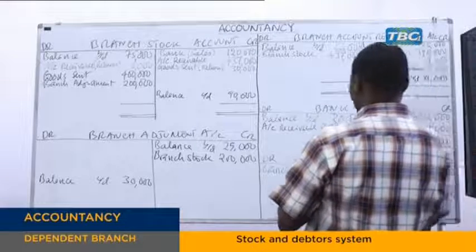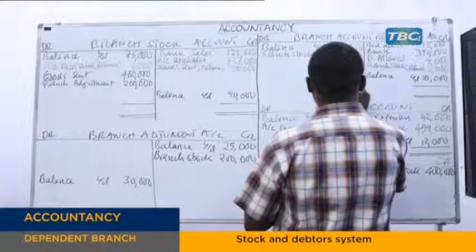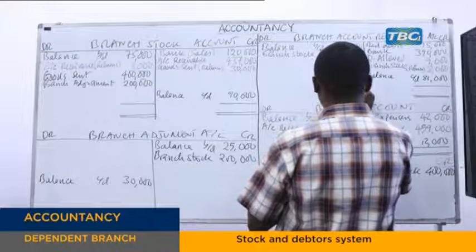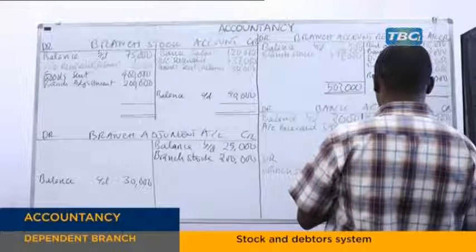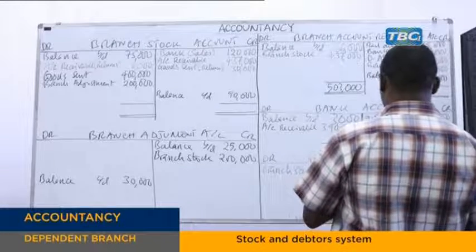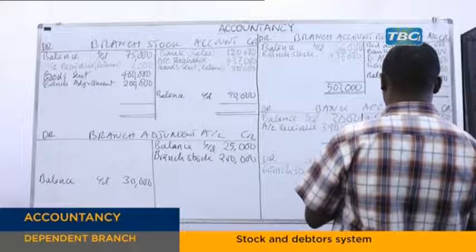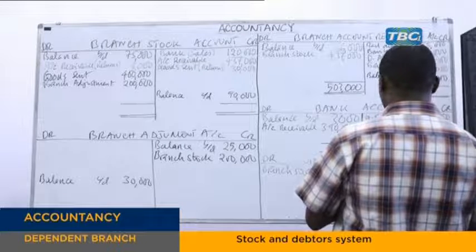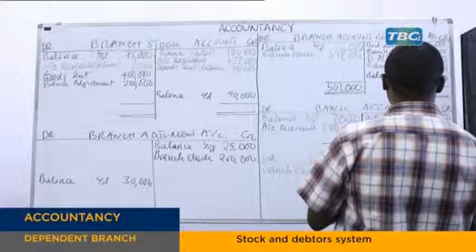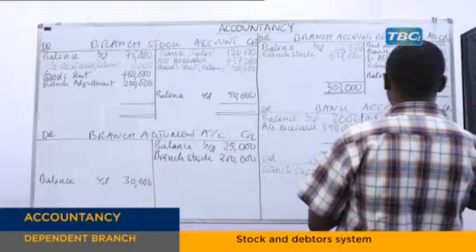How much do we get? We get 503,000. Here again, we have 15,000 plus 390,000 plus 9,000 plus 8,000 plus 81,000. Yes, it is balancing.